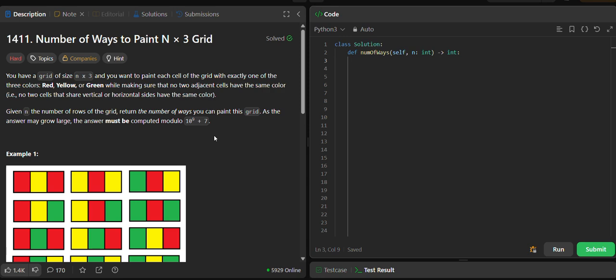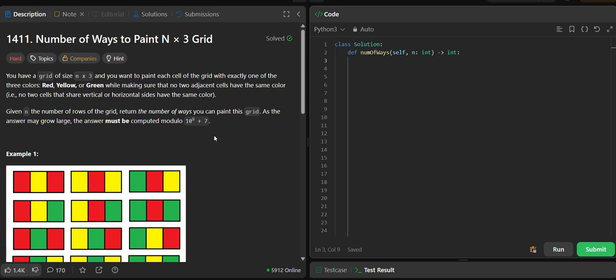Well, so we have been given a grid of size n cross 3 where n is the number of rows that will be given as input and 3 is the number of columns. Now we have to paint each cell of this grid with exactly one of the three colors.